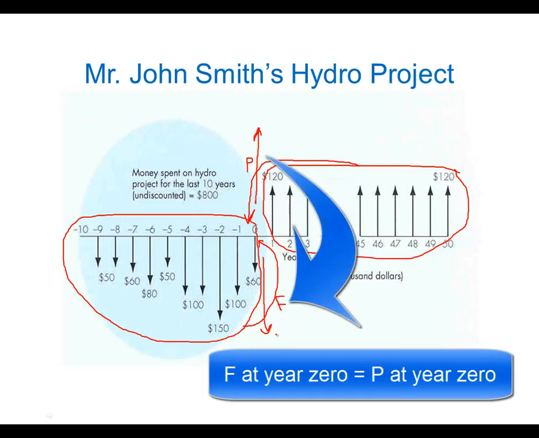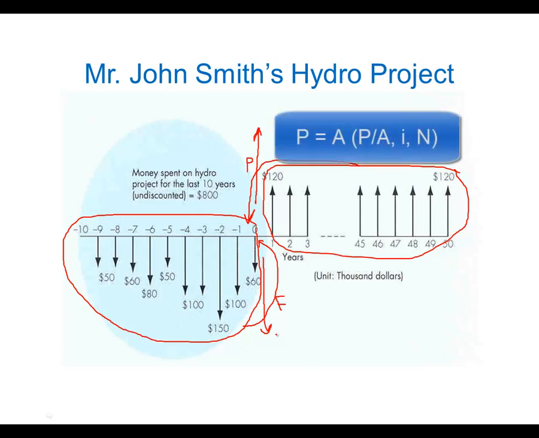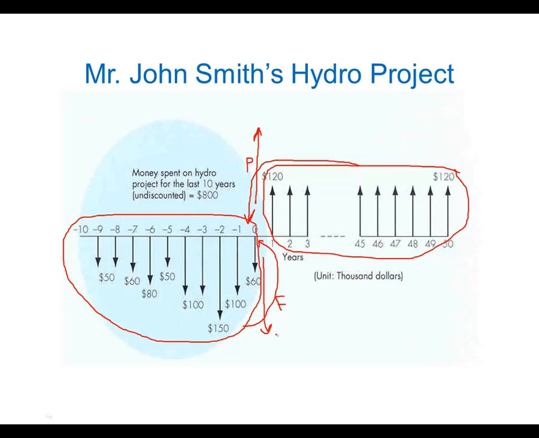So the money spent on the project will be brought to the future, while the money that was brought back from the project will be brought back to year zero as present value, using the formula P equals A multiplied by the factor P given A, with i interest and N number of years. In this case, we have N equal to 50.